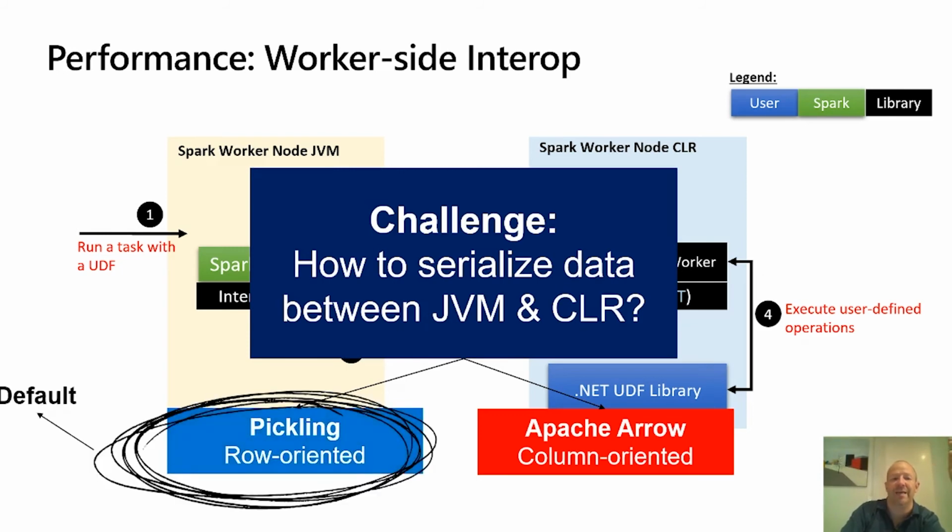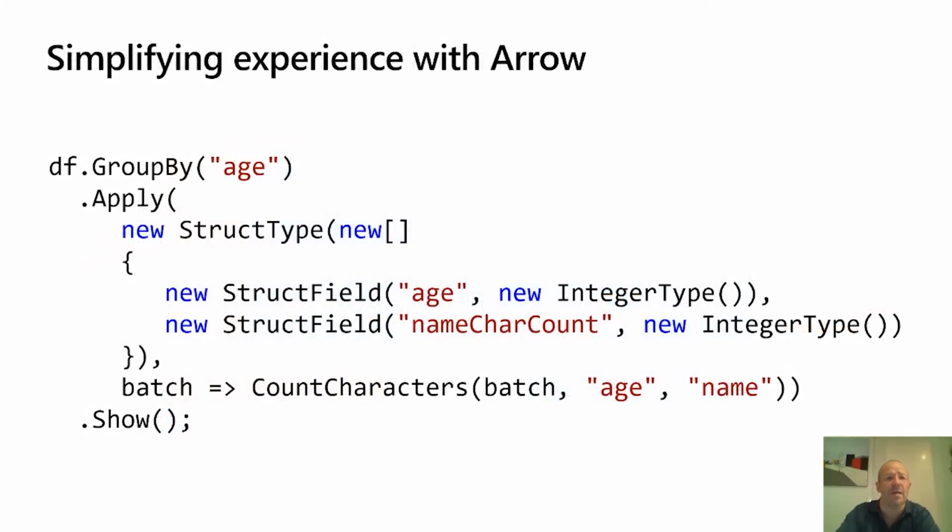Now, Pickling is the default that you get, but we do give you the ability to actually run with Apache Arrow as well. Now, the way to do that is if you take a standard group by aggregation here, where we do a count character in this context. So this is the code that you would write with Pickling and the standard environment.